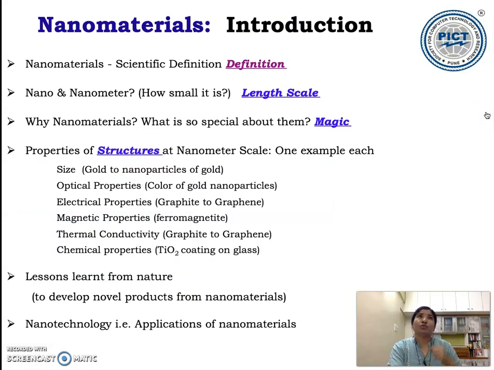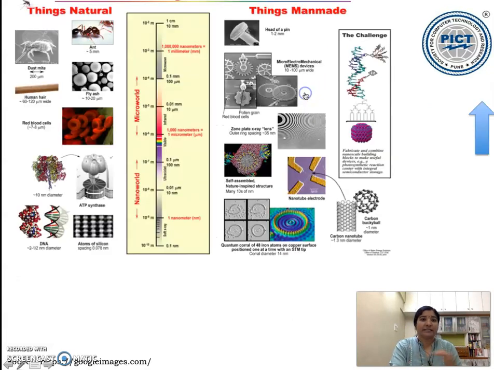But how small is it, how can we feel that, because it is not visible? So what are the materials, natural as well as man-made, which are nanomaterials? Let's see the length scale of these materials. An ant's size is approximately 5 mm. As I told you, the human hair is around 60 to 120 micrometer wide. The dust mite is approximately 200 micrometer.